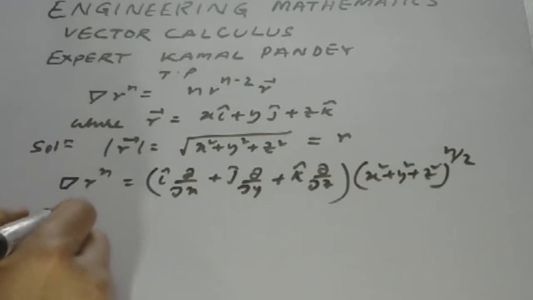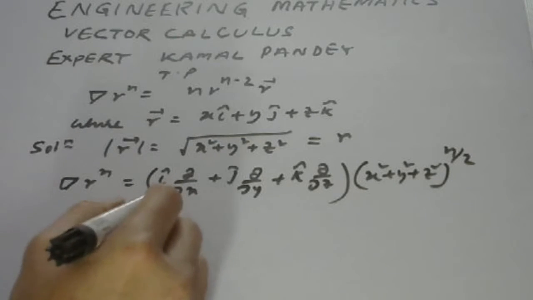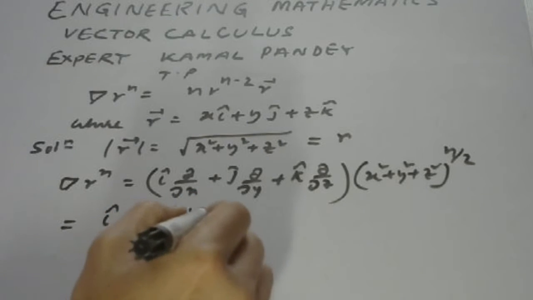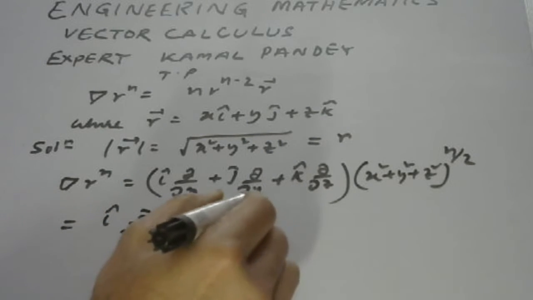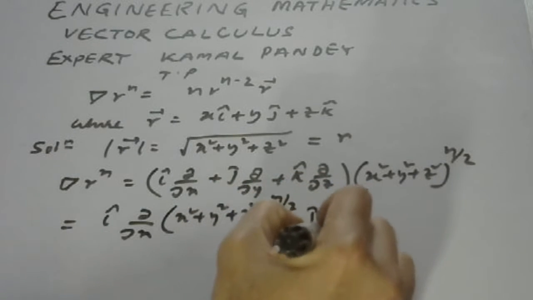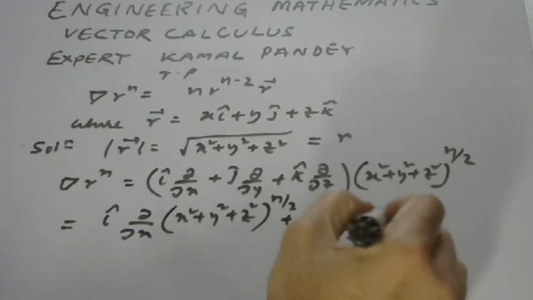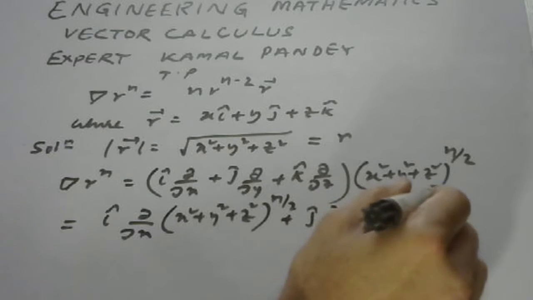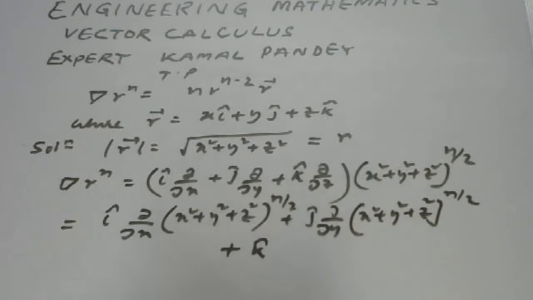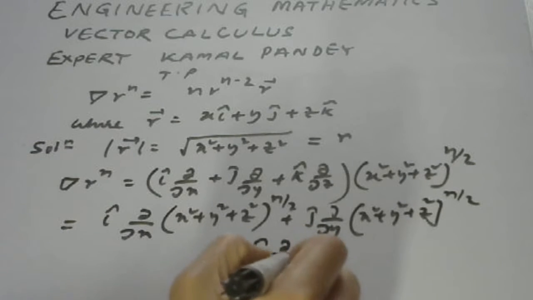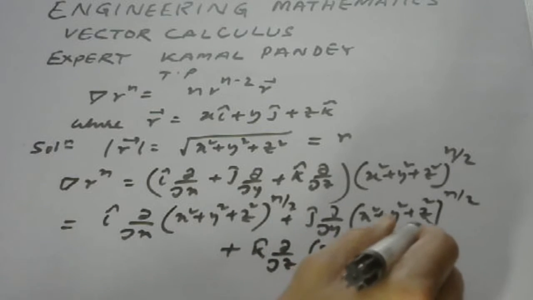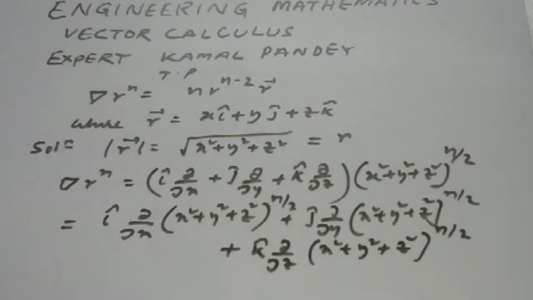Now we differentiate it. i cap del upon del x of x square plus y square plus z square to the power n by 2, plus j cap del upon del y of the same, plus k cap del upon del z of the same.